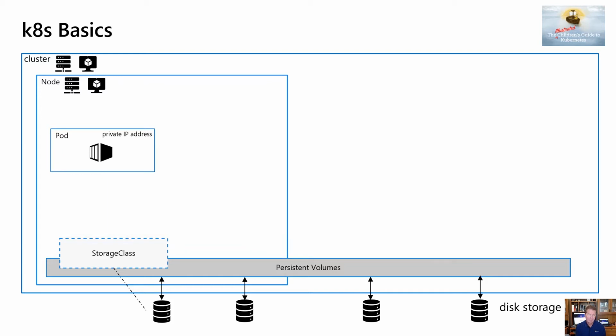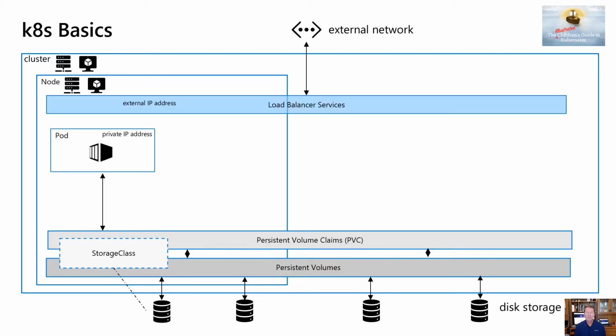So I need to provide connectivity, let's say, to a SQL Server running in one of these containers. How do I do that? I've got a private IP address, which maybe I can connect to, but I would love to provide a more external address. In fact, I've got an external network that I want to connect into this cluster. Let's say it's in Azure. So there's a concept Kubernetes provides called a load balancer service. There's a concept called a service overall, and a load balancer service is typically done in a cloud provider like Azure.